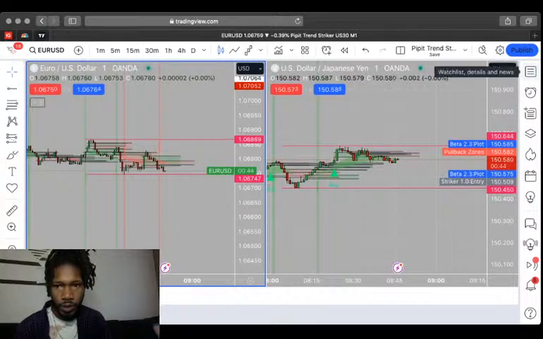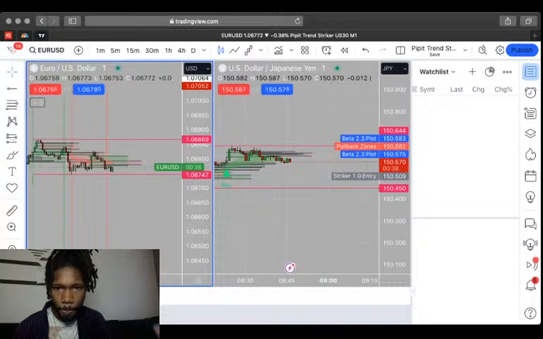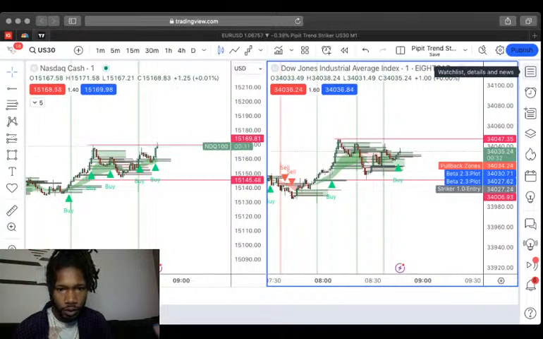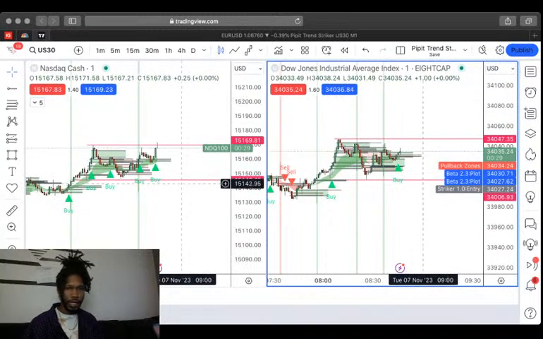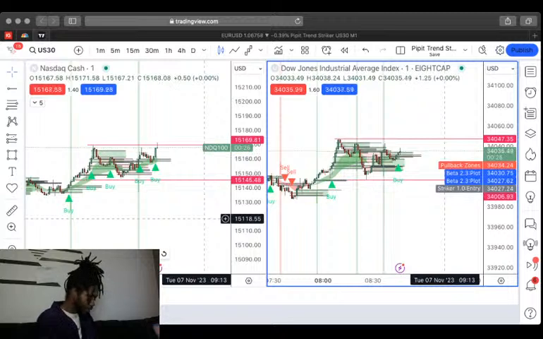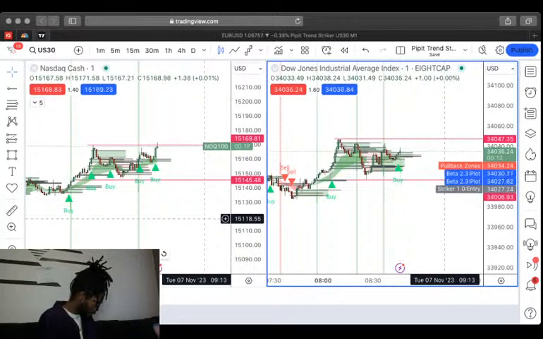All right, let's go back over here. So we have something. NASDAQ looks like it might want to take to the upside.